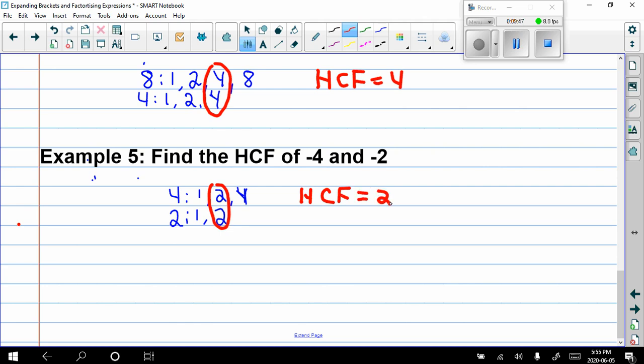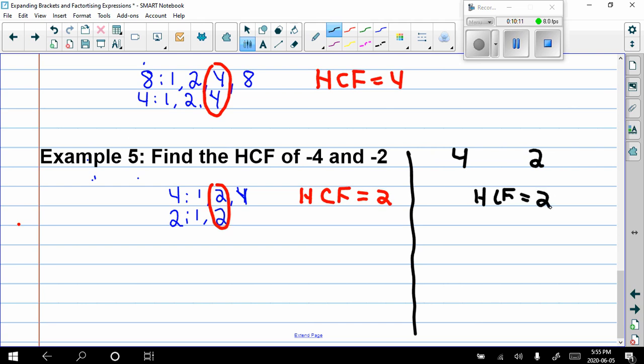But now let's actually look at the -4 and -2 and just consider this as a thought experiment, okay? Just over here on the right-hand side. So say if we have 4 and 2, like we did. We said the highest common factor is equal to 2.